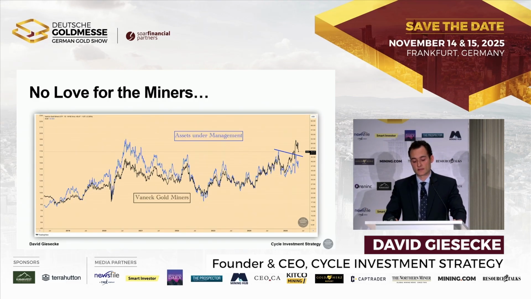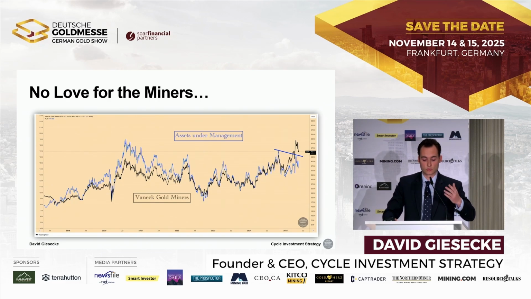On the blue line we can see that we are very pro-cyclical in this regard. At tops people pile their investments into the gold miners. We see a disproportionate rise in the AUM, and on the other hand, in phases where the price is in a bear market or very low, we see a disproportionately low assets under management.